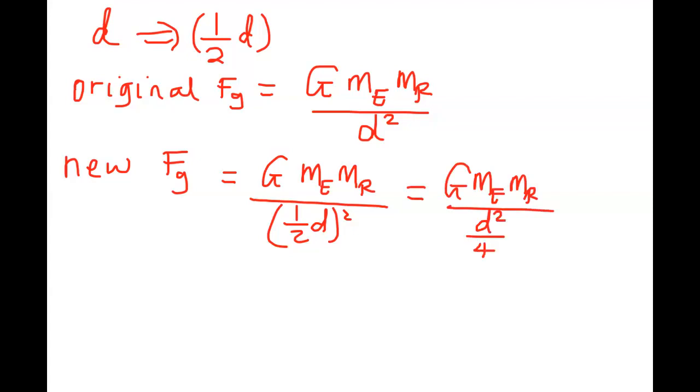Now this can be written as 4 G ME MR divided by D squared. So it looks like when the distance is halved, in other words, it's half of the original value, then the new gravity will be equal to 4 times the original gravity.